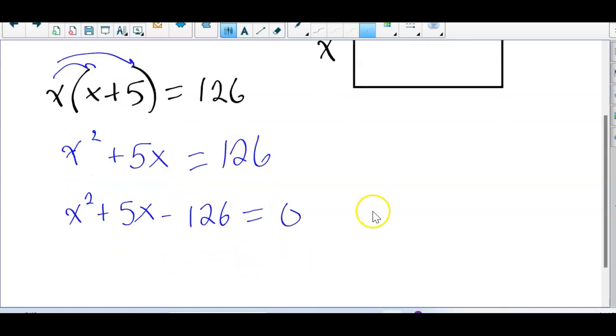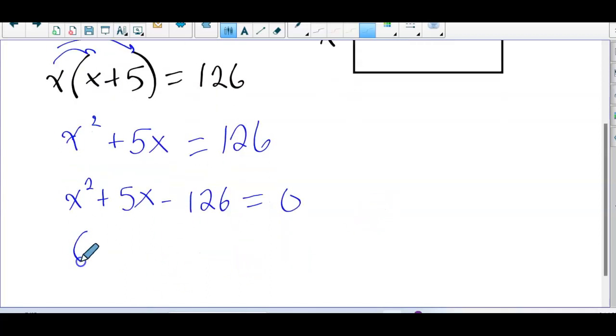I had to think about it a little bit. All right, so I know that I need one positive and one negative. I need them multiplied to 126. So I know that 14 times 9 is 126. And positive 14 minus 9 is positive 5.